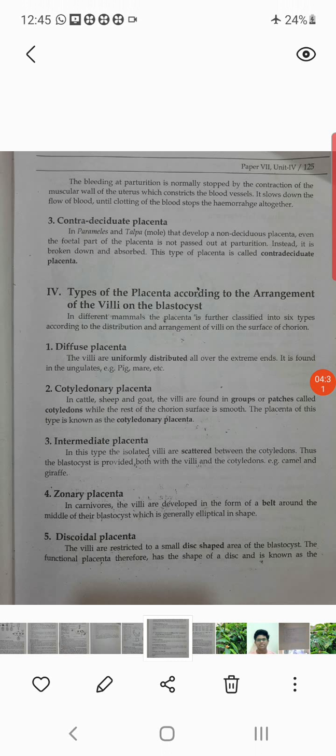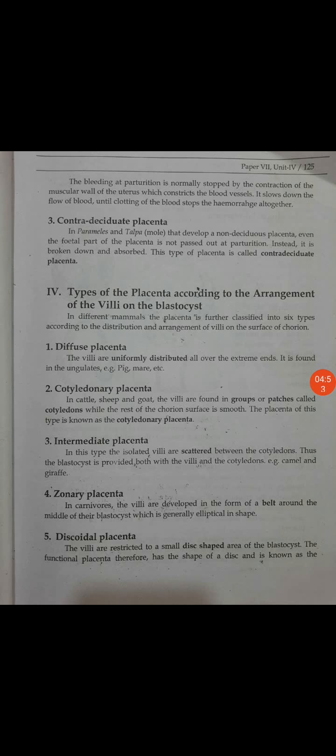So the fetal tissues remain inside the uterus of the mother and do not pass out at parturition. To summarize: non-deciduous, no bleeding; deciduous, bleeding; and contradeciduous, the fetal part remains inside the body.